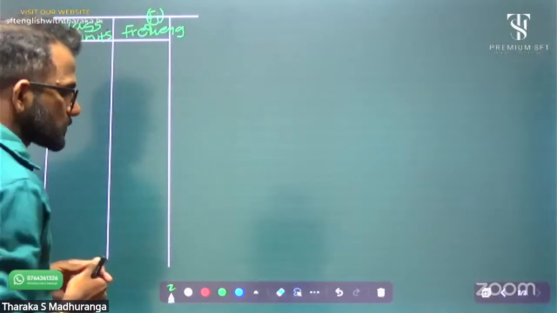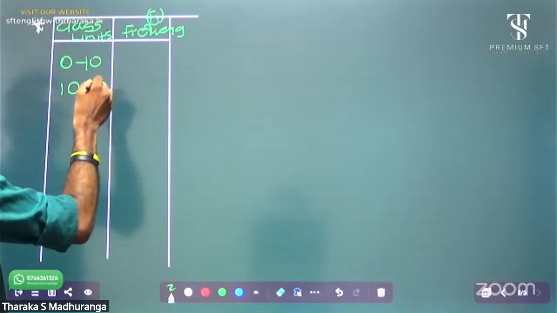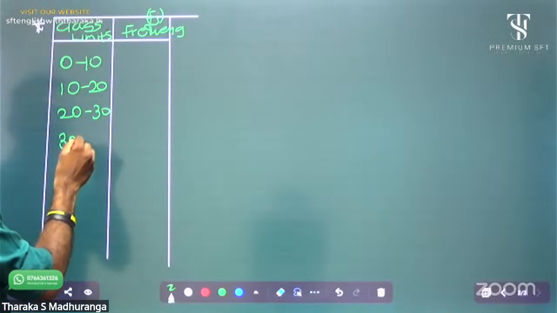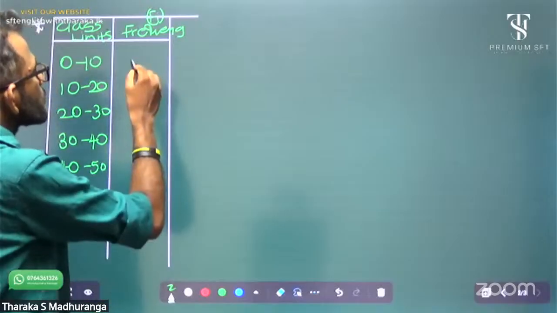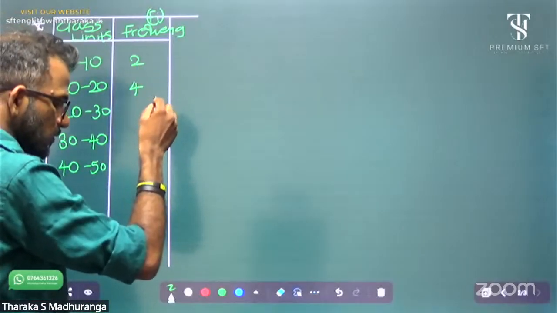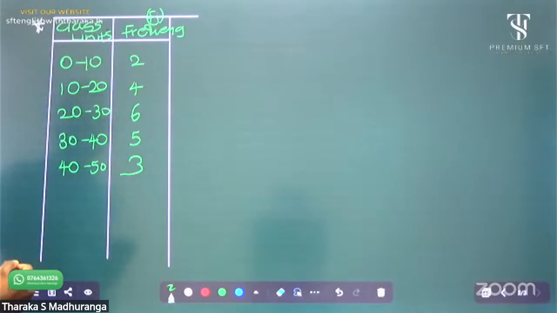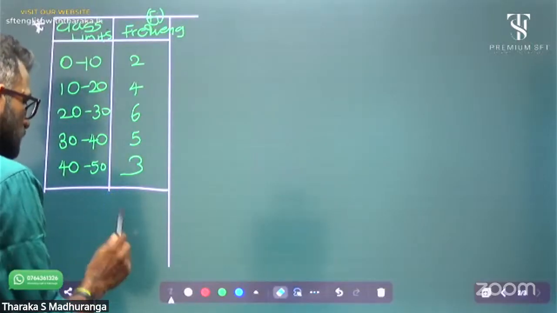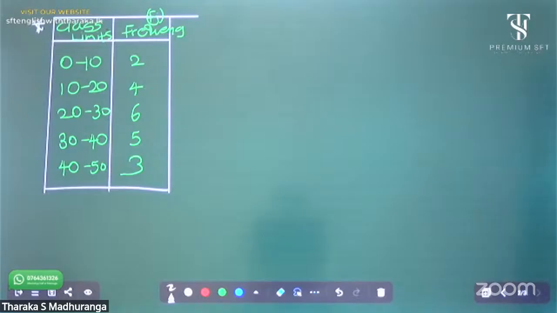Classes: 0 to 10, 10 to 20, 20 to 30, 30 to 40, 40 to 50. Frequencies: 2, 4, 6, 5, 3. Okay, that's only a small table. Draw this table quickly.